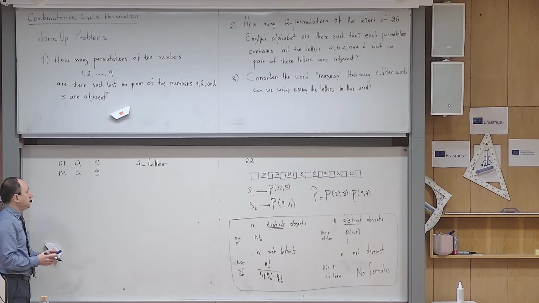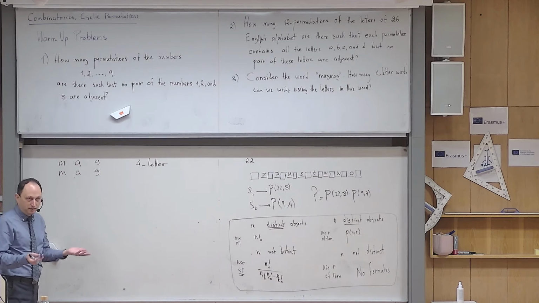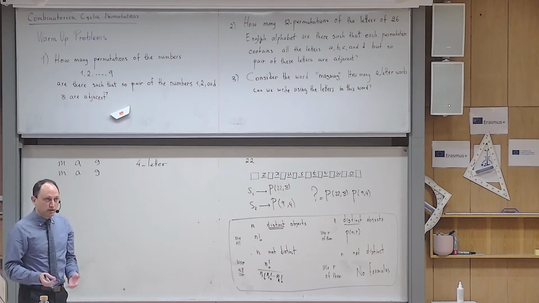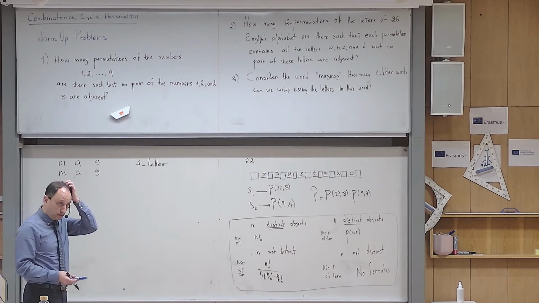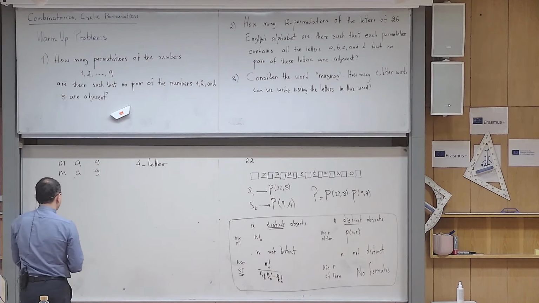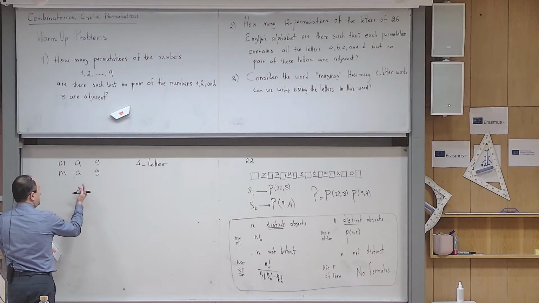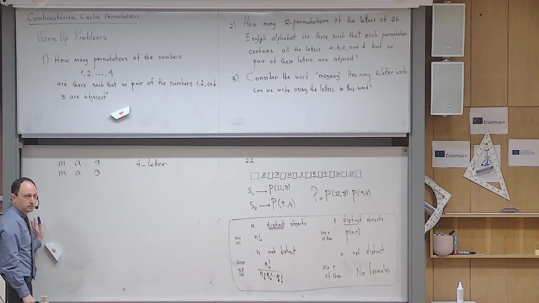So one way is to ask, is it possible to write a 4-letter word without any repetitions at all? No, because I have only 3 different letters. So if I want to write a 4-letter word, I have to repeat one. Okay, but then I can categorize it so that I repeat only 1 letter, or I can repeat a pair of letters. Is that right? So this is the only possibility.